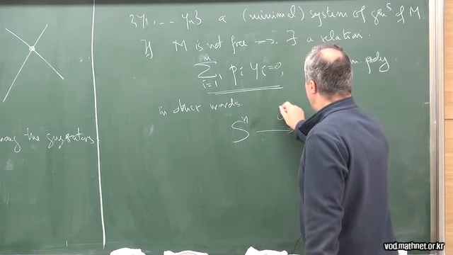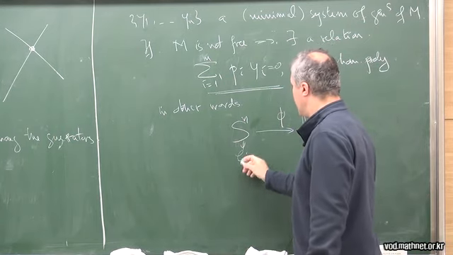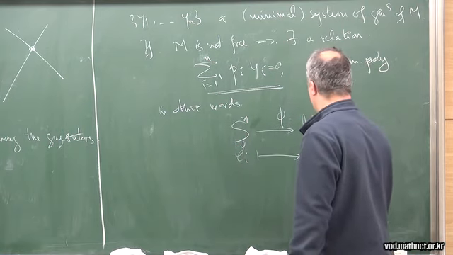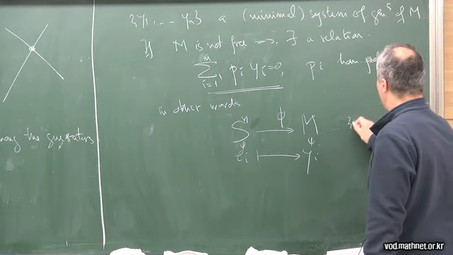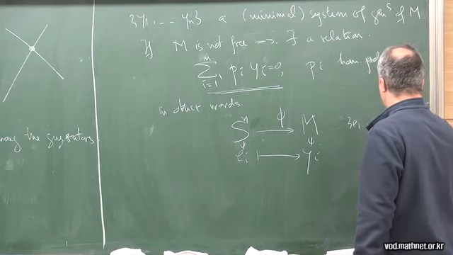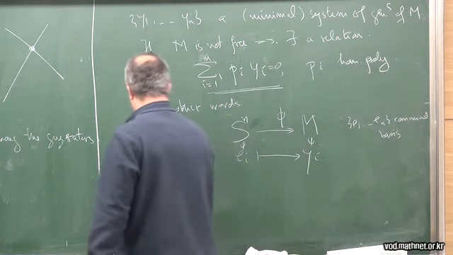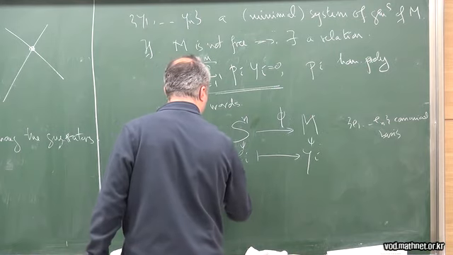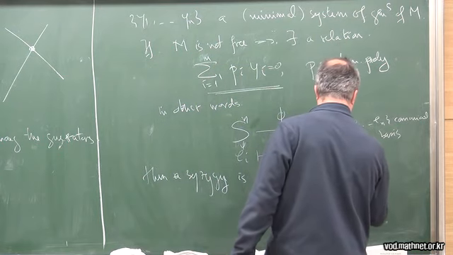Take the morphism phi from Sn to M, mapping the elements E1, ..., En of the canonical basis of Sn to the elements y of the generating system of M. Then a syzygy is an element of the kernel of phi.